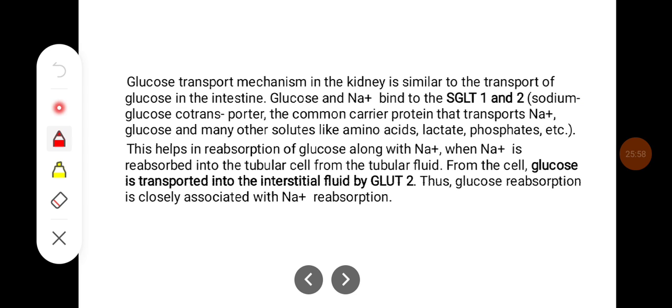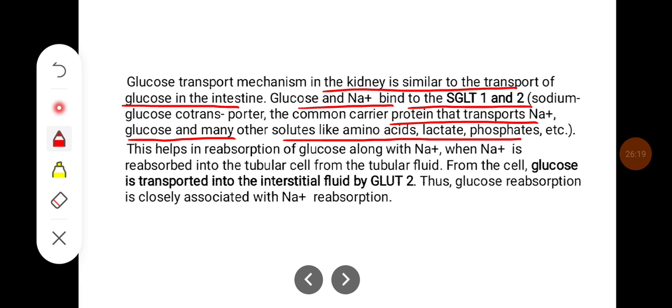Glucose transport mechanism in the kidney is similar to that of transport of glucose in the intestine. The glucose and sodium bind to the sodium glucose transport 1 and 2, that is a common carrier protein that transports sodium and glucose and many other solutes like amino acids, lactate and phosphates.